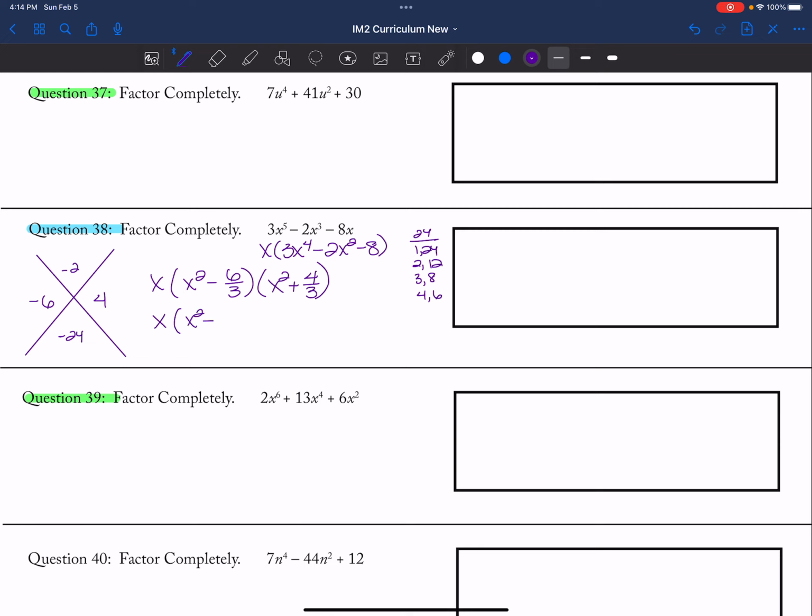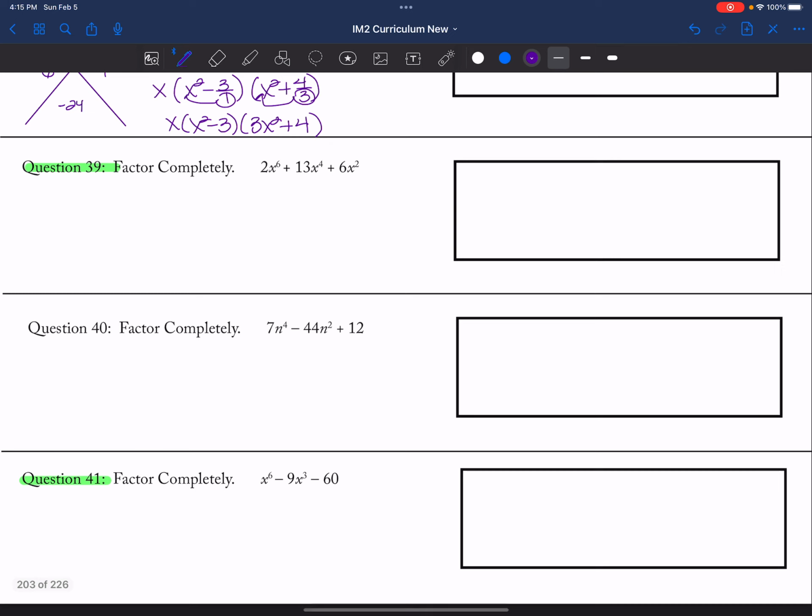Then I'm going to reduce, and bring what's in the bottom to the top. So then I get x squared minus 2, and 3x squared plus 4. So x squared minus 2, and 3x squared plus 4.